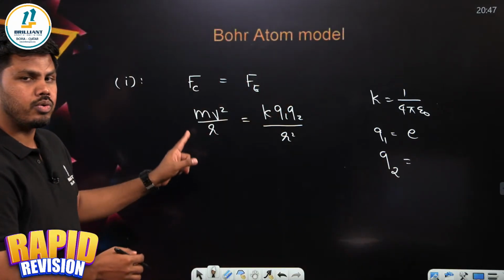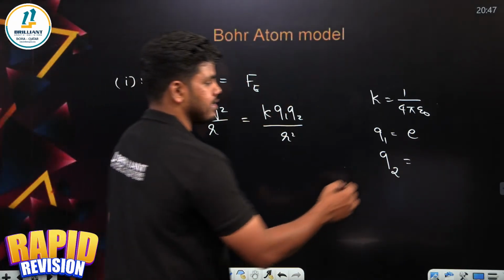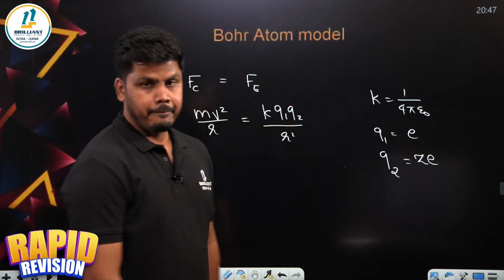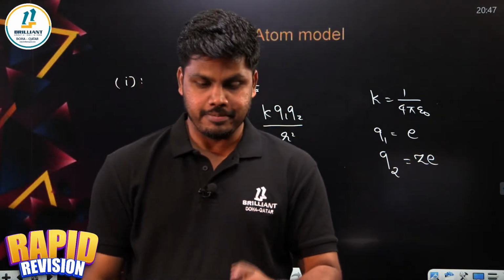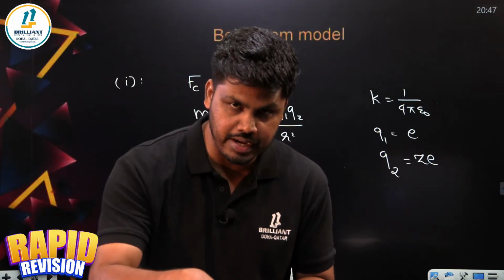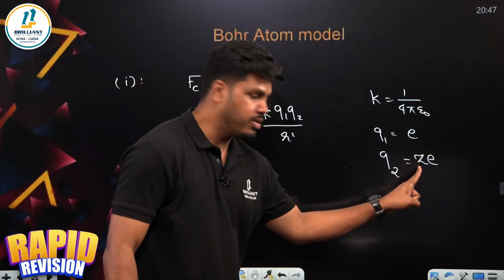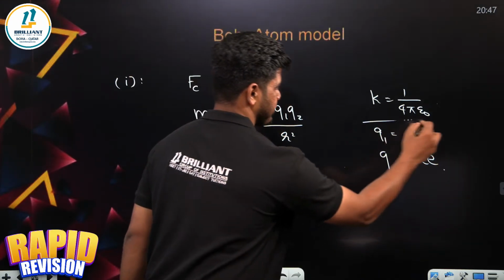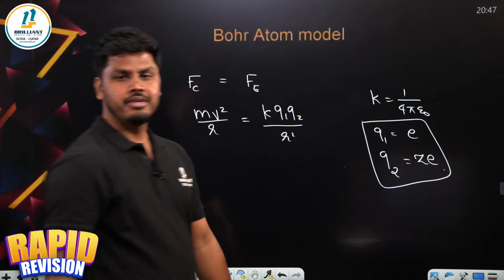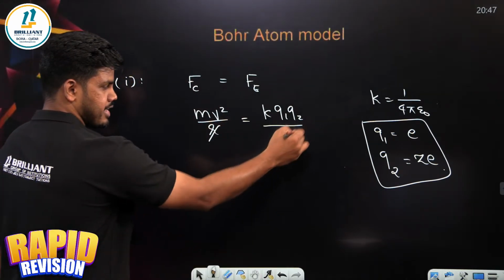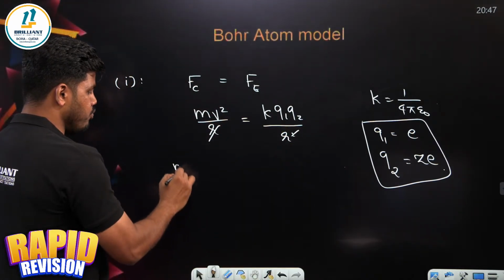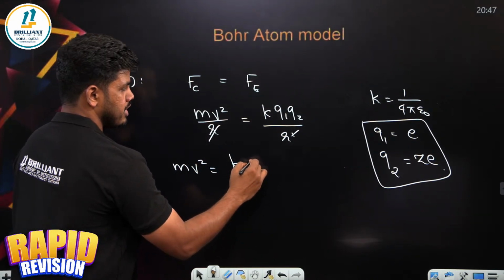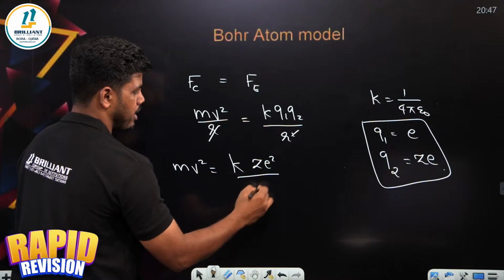Charge of the nucleus is equal to Z times e, where Z is the atomic number, the number of protons inside. Each proton has charge e. So q1 and q2 will be these values. One of the r gets cancelled. We get mv square is equal to k Z e square by r.